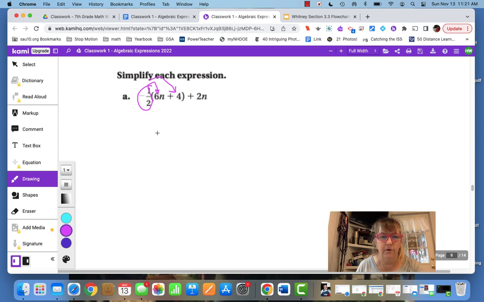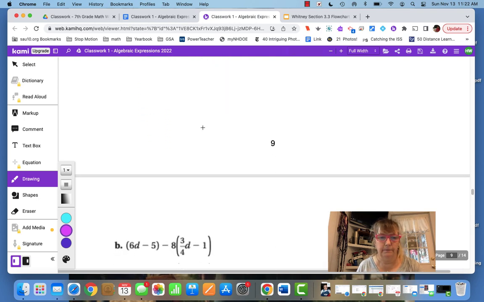So half of 6 is 3, but it's negative, so it's negative 3n. Half of 4 is 2, again it's negative, so it would be negative 2, plus 2n. Combining like terms, the negative 3n and the positive 2n give me negative n subtract 2.